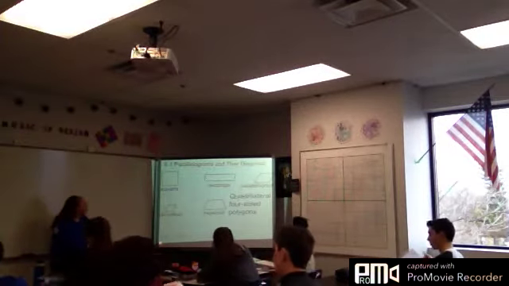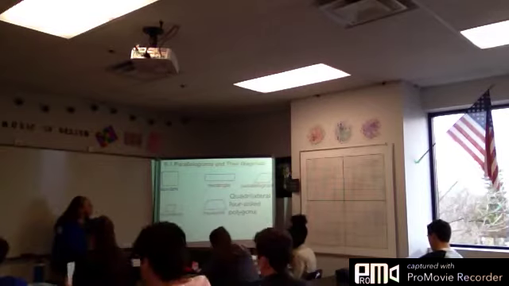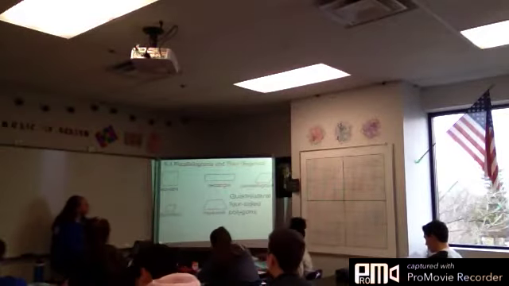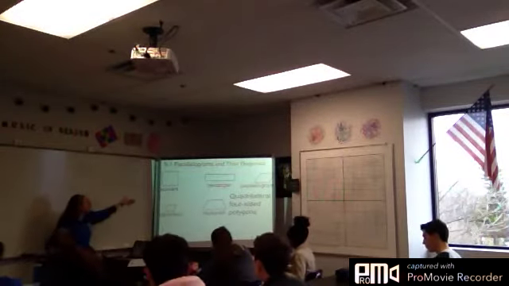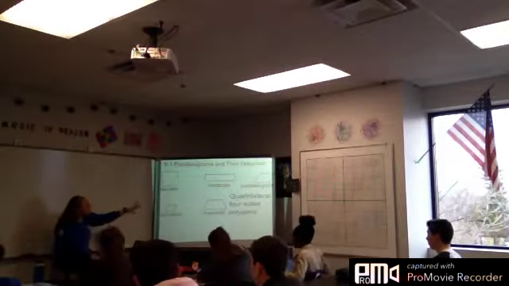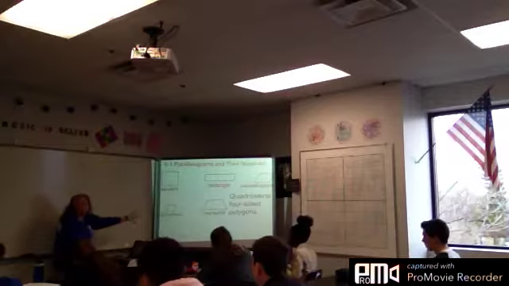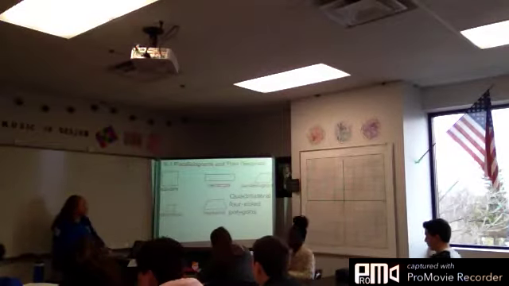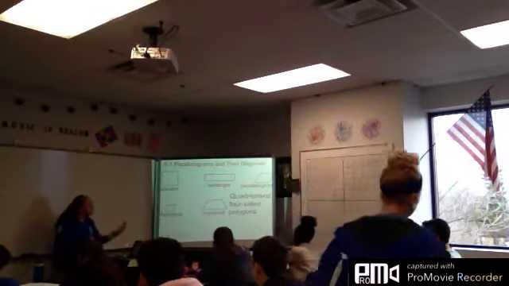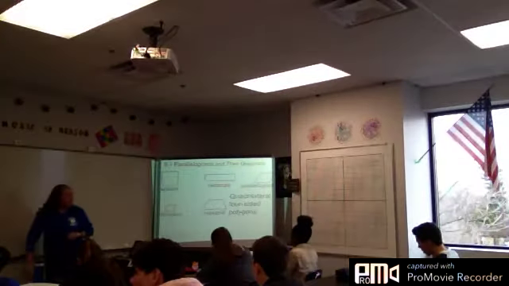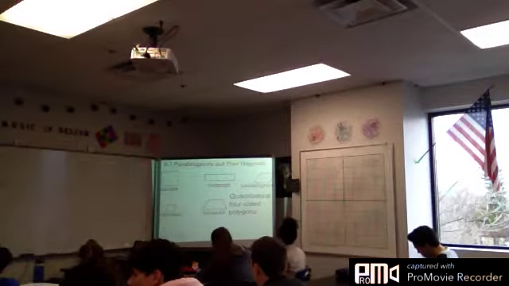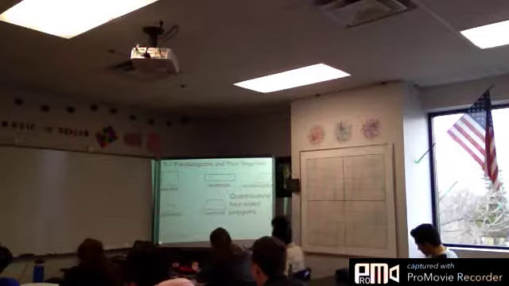Okay, so 9.1 focuses on parallelograms and their diagonals. Parallelograms, we have several different kinds. We have squares, we have rectangles, we have an over-encompassing term, that's parallelogram. We have rhombus, we have trapezoid. Basically, parallelograms are quadrilaterals that have four sides.